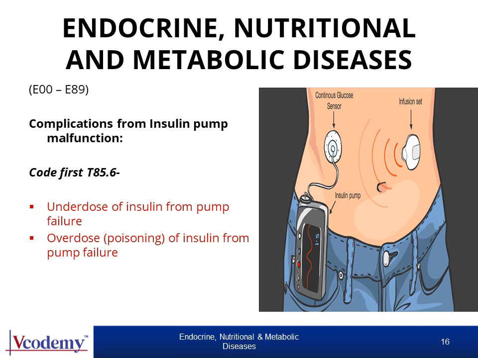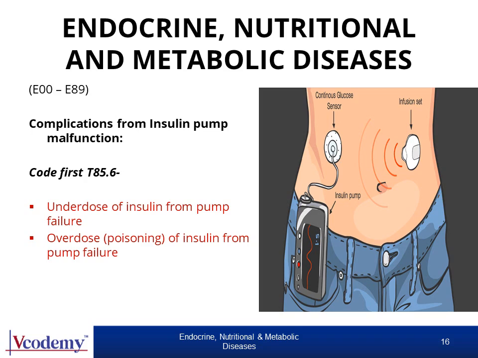There is a continuous glucose sensor which will take the readings, and the readings are recorded. You can always check. There is an infusion set as you can see in the picture. That will be injecting the insulin at regular intervals. There is a chance of failure of this insulin pump, due to which there can be underdosing or overdosing.